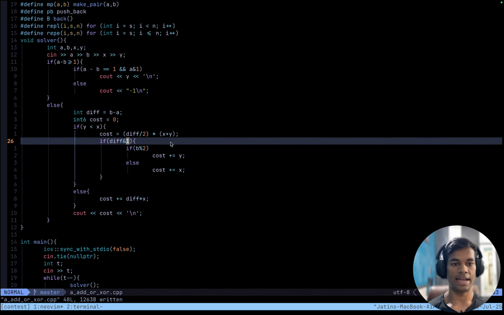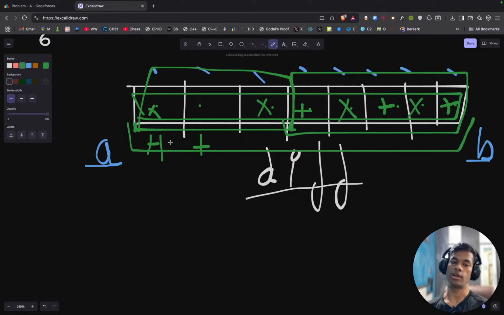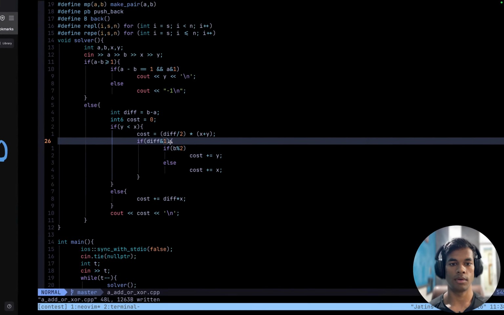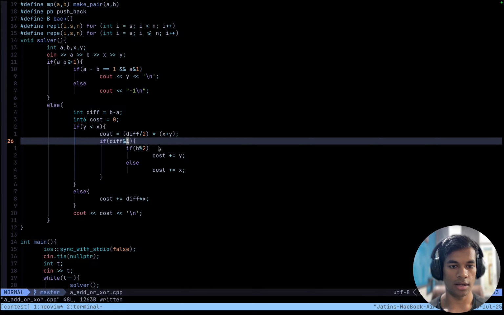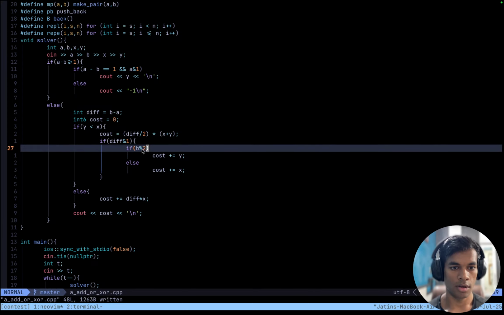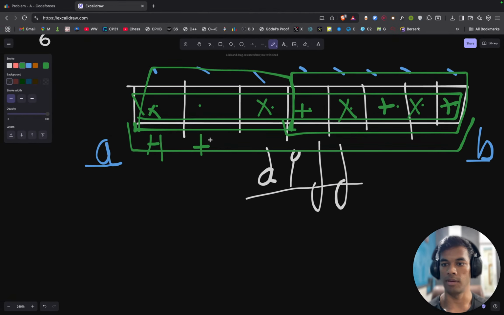And if diff is odd, then we have to see there will be an extra operation, and we have to figure out whether that extra operation is XOR or addition, right? And that would depend on the value of b, it seems.